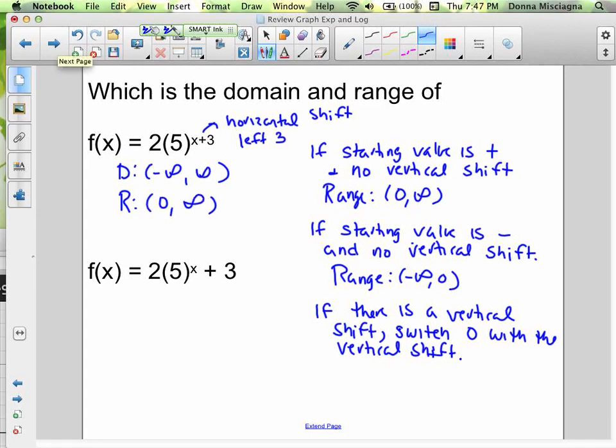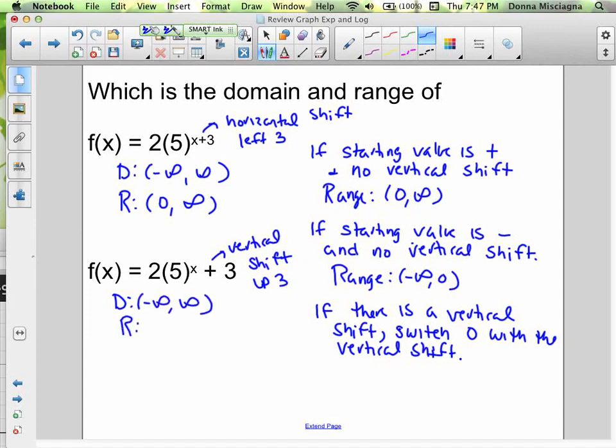Now in the second example, we have f of x equals 2 times 5 to the x plus 3. This is added to the whole function. This is a vertical shift. So this is moving up 3. Our domain won't change, negative infinity to infinity for all exponential functions.